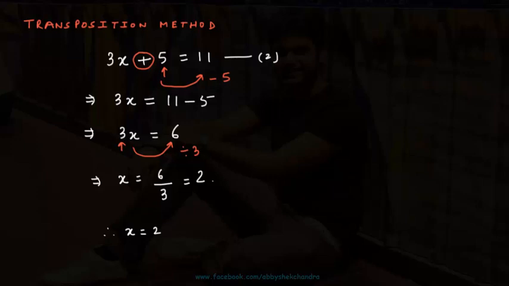Note that we can only transfer that term or number which is added to, or is subtracted from, or is multiplied to, or divides all the remaining terms on its side. This means that if you want to transfer 3 before 5 in equation 2, you will go wrong, because 3 is multiplied only to x and not to 5.